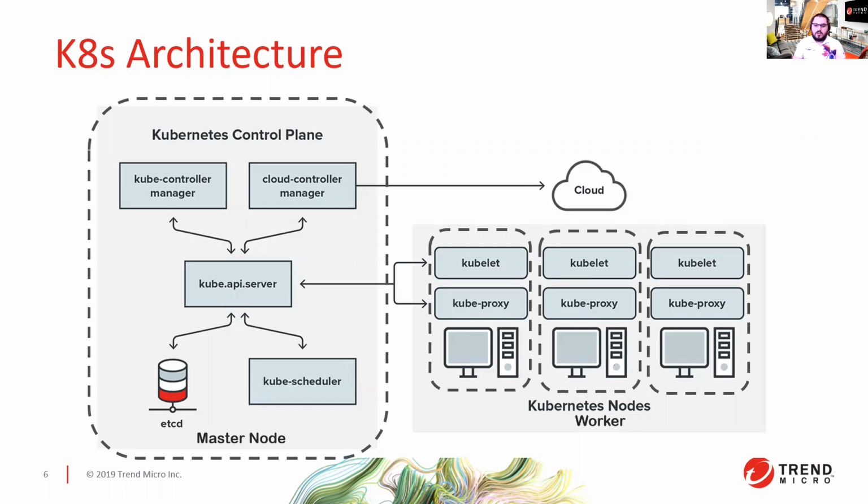On the right side, on the worker nodes, you have the kubelet, which is responsible for managing the container runtime by executing containers when necessary and collecting execution information, right? You have the kube proxy, which manages network communication, allowing different containers to communicate with each other. It is also responsible for external requests.